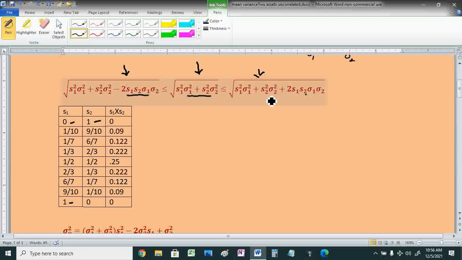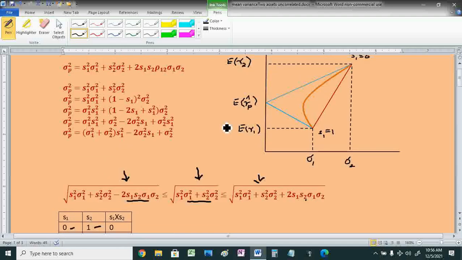returns are perfectly positively correlated. And see that it is because of this reason that in this graph all the three portfolio possibility frontiers have these same terminal points, like here as well as here. So here S1 is equal to 1 and here S1 is equal to 0, and so see that in all the three cases we have ERP equal to ER1, sigma P equal to sigma 1.